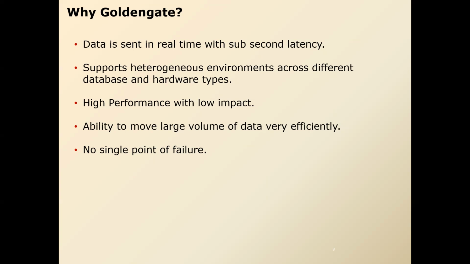So say for example, as soon as the data gets committed on source, it can be replicated on the target database within a few seconds. Remember, Golden Gate replicates only committed transactions. It doesn't replicate your uncommitted transactions.